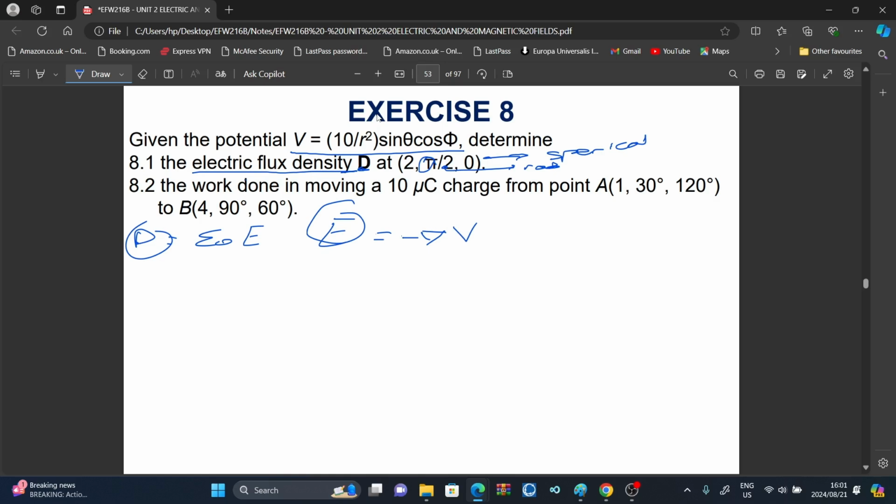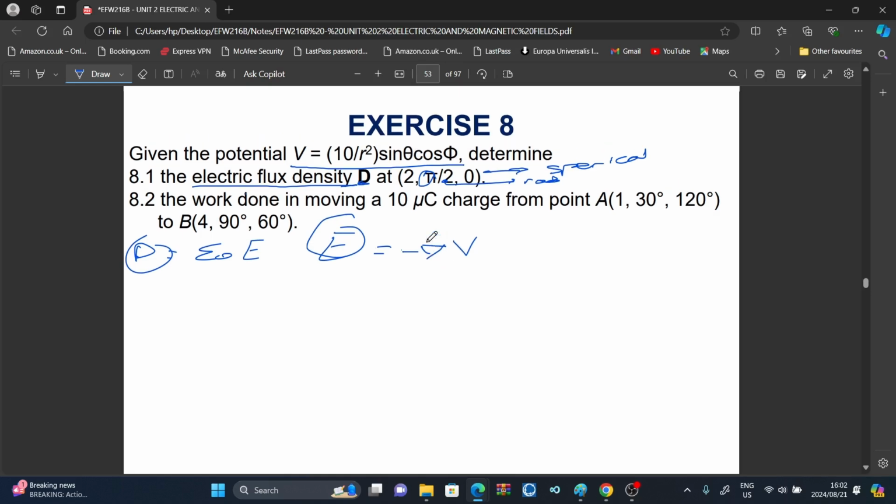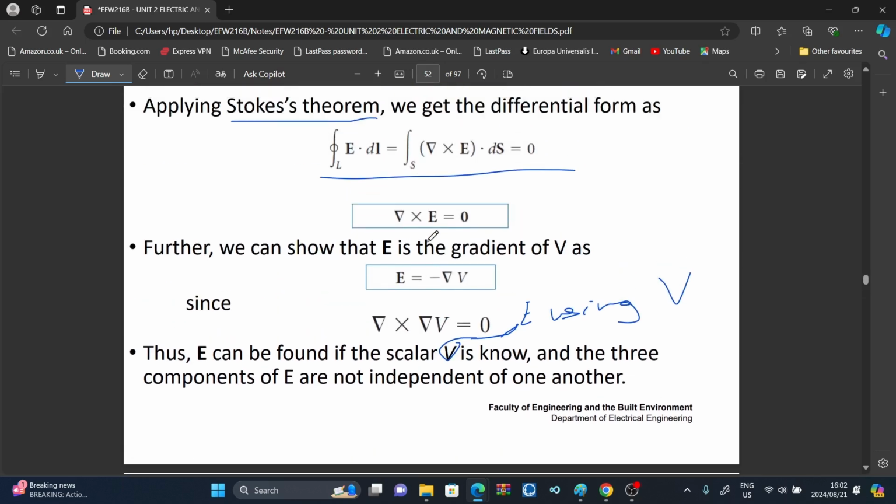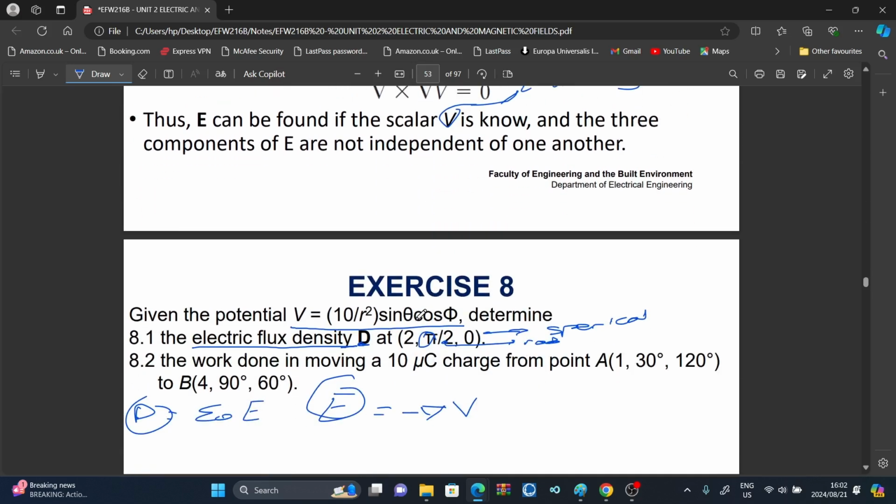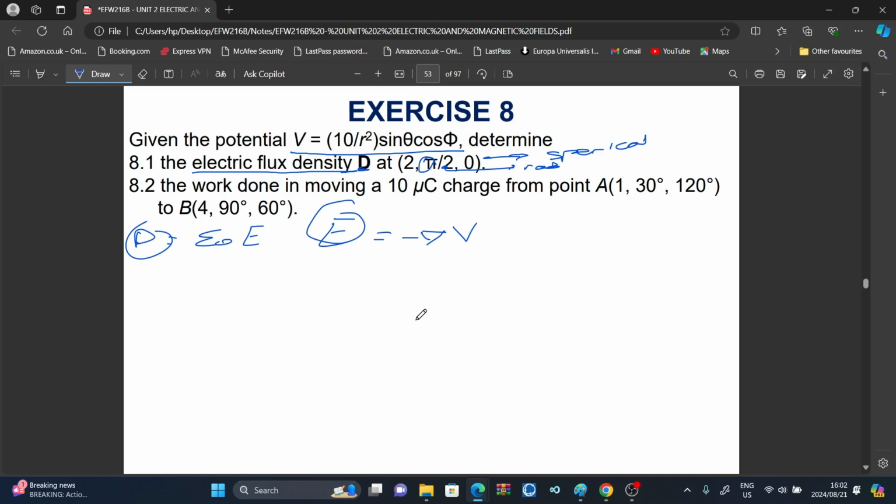Now to calculate our electric field, we'll go back to this formula. To calculate our electric field, we need to calculate our change in V, or change in our voltage.